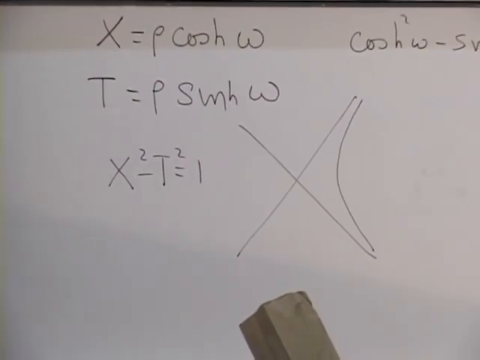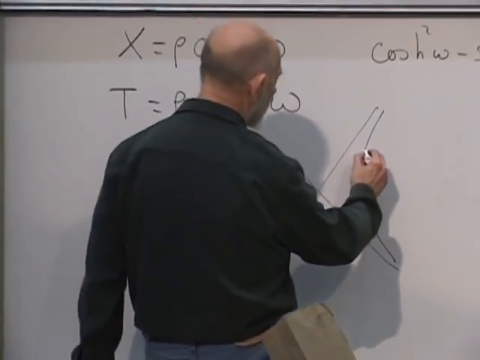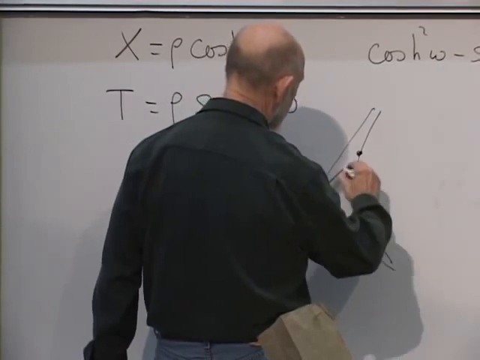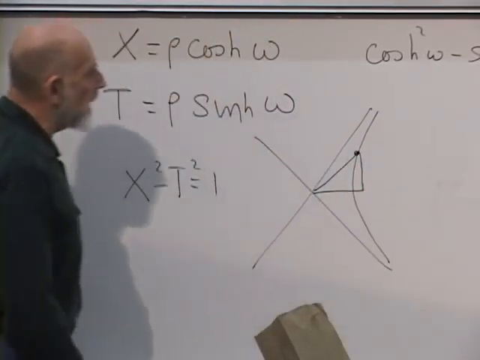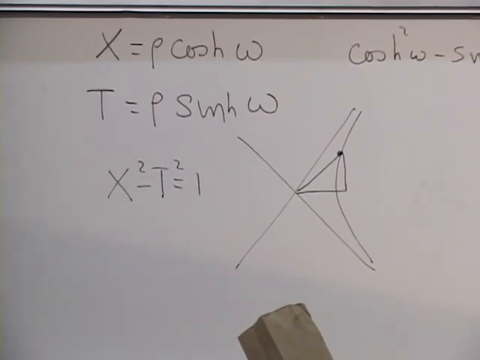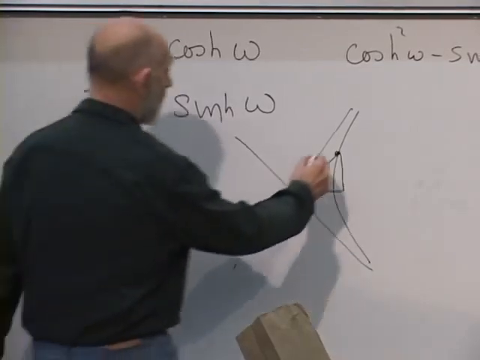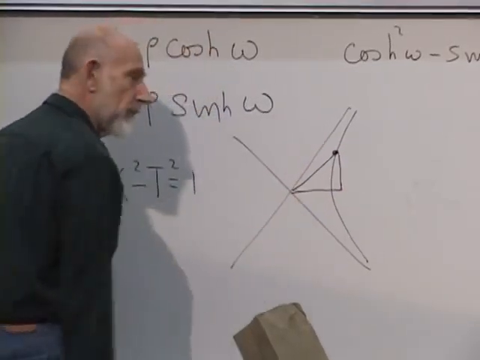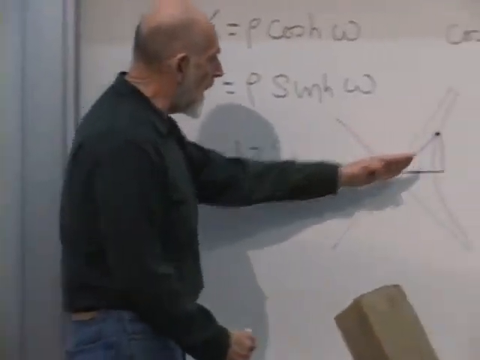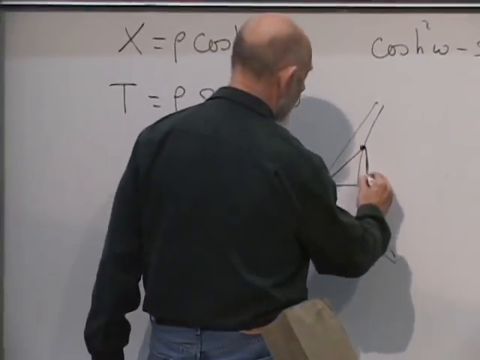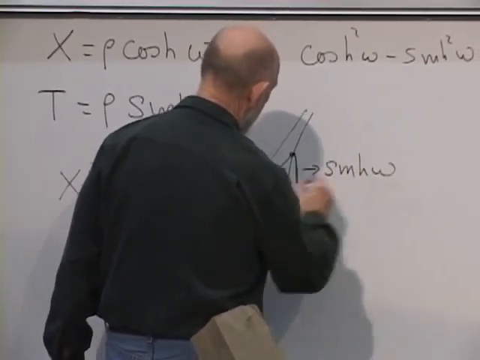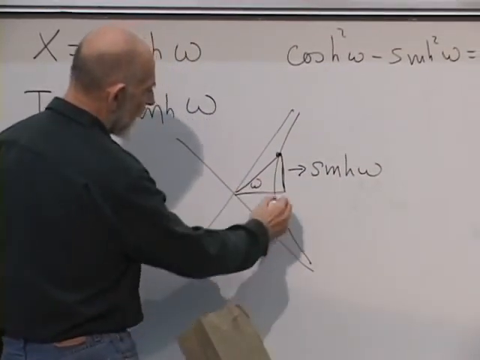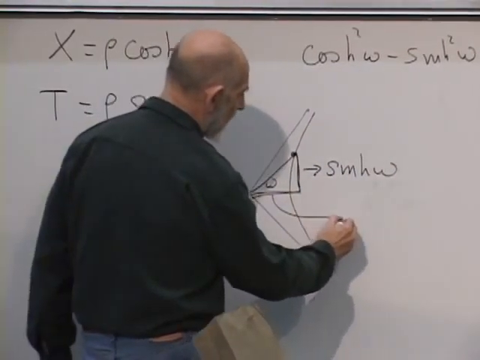And now take a point on that unit hyperbola, any point, and draw the same kind of right triangle that we drew for the circle. Take a point, drop a perpendicular. This side here is hyperbolic sine of the angle, and this side here is hyperbolic cosine.